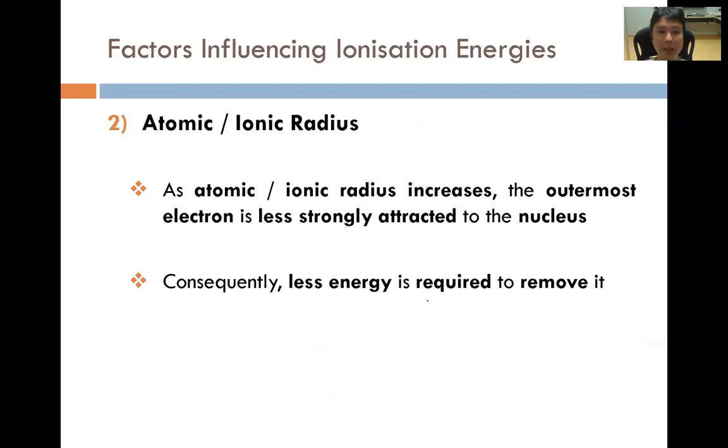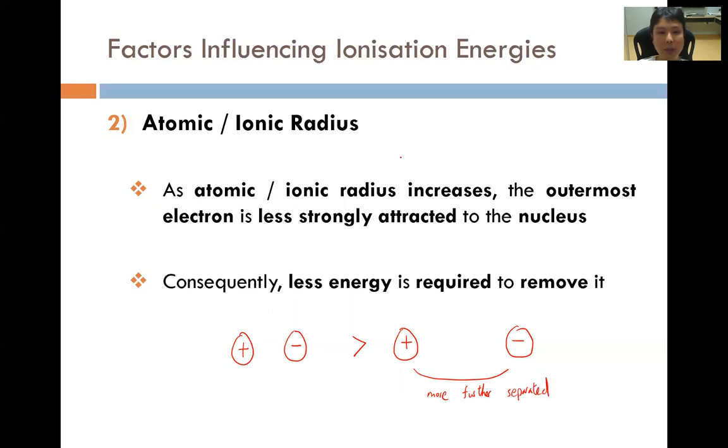Factor 2 is atomic and ionic radius. We also mentioned that if we have a plus charge and a minus charge, the attraction between them will be stronger as compared to the same charges but further separated. So if the charges are further separated, the attraction between the opposite charges will be weaker.